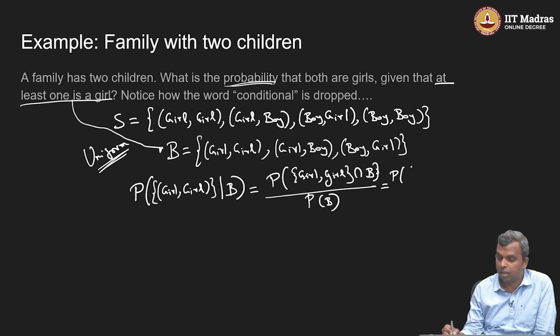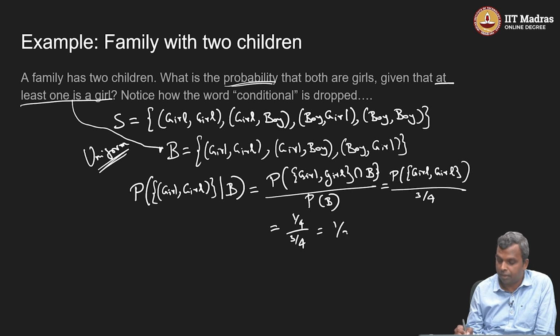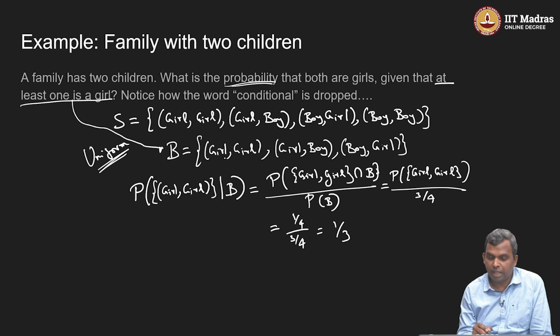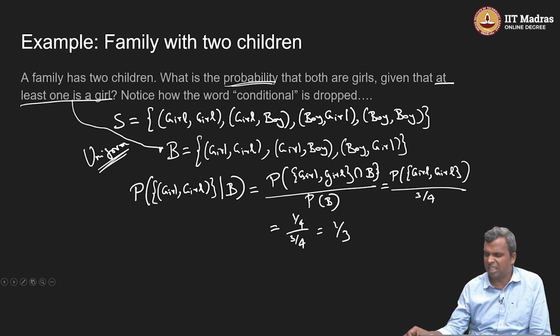The probability of B is 3 by 4. So you have girl comma girl is 1 by 4, divided by 3 by 4, and that's 1 by 3. So out of the 3 cases where at least one is a girl, both are girls with probability 1 by 3. Slightly counterintuitive.